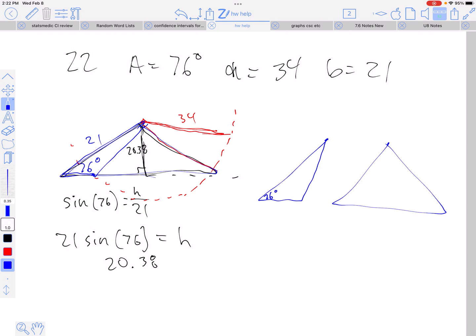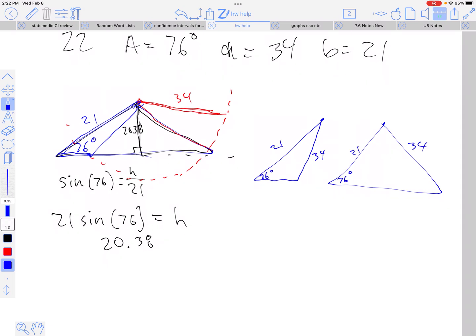We have 76 degrees there, 76 degrees there. We know that this is 21. This is 34. I know it's not really to scale, but you get the idea. This was 21. This was 34. Okay? Actually, it doesn't look too bad. And so what we'll have to do on both triangles is do law of sines to find the missing pieces.